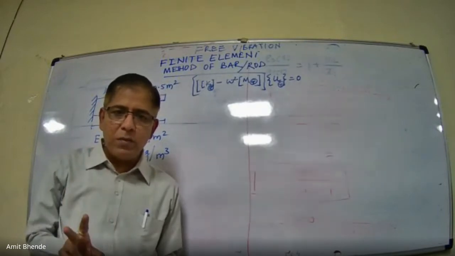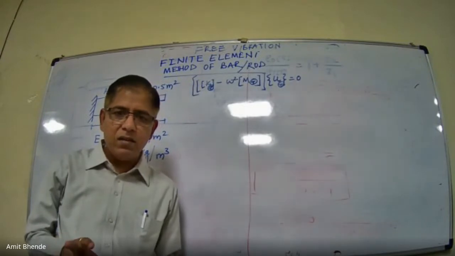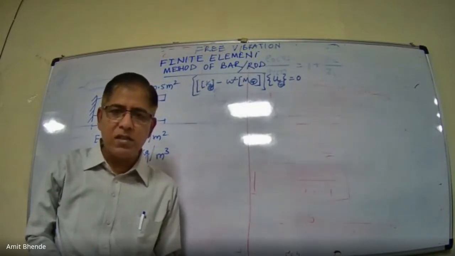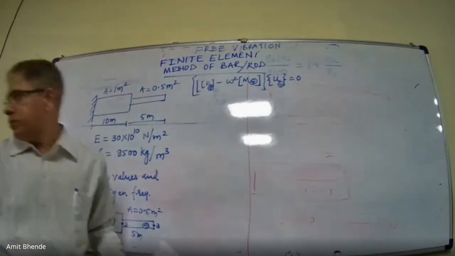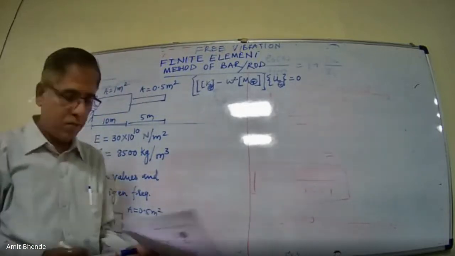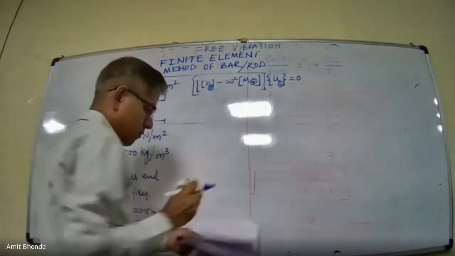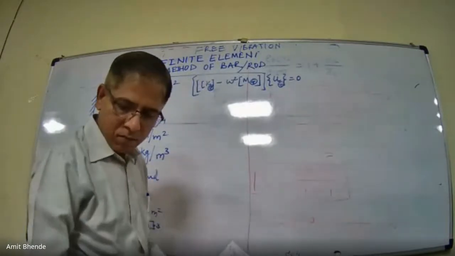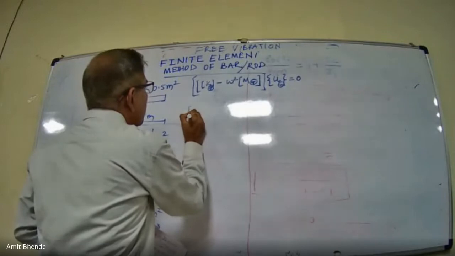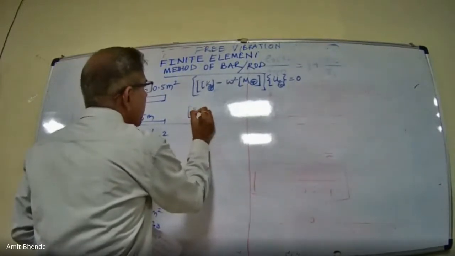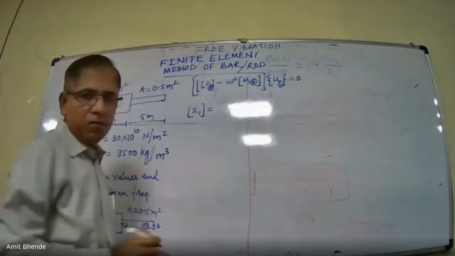There are two elements, so there will be two element matrix, and then we add the two element matrix to find out the global stiffness matrix. So first is K1.